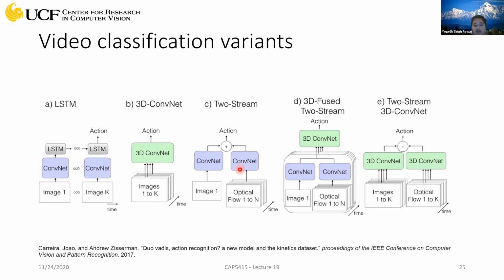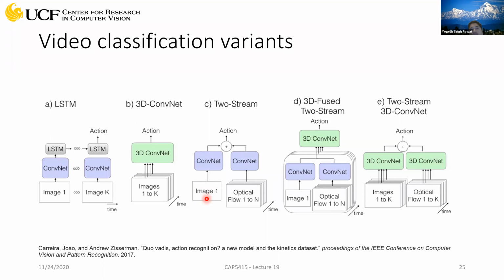Another variant is that you can try to combine optical flow with your visual data. Like we saw in I3D, they used RGB video frames and optical flow for those. But what we can do is, instead of sending in the full RGB video, we can just use a single image.